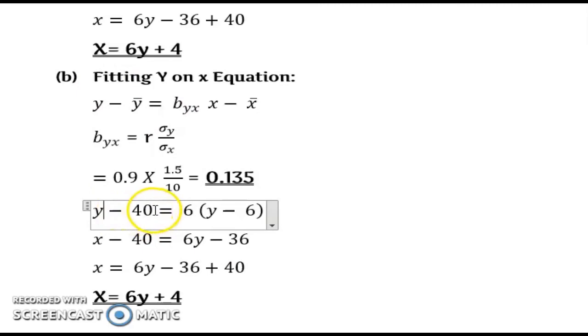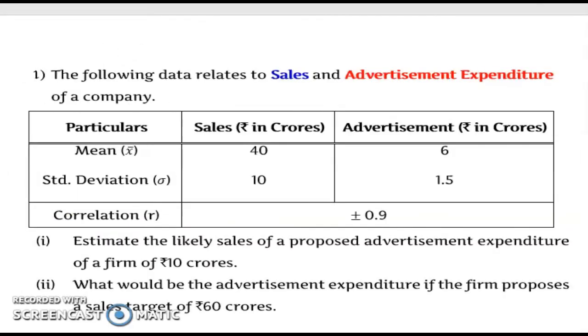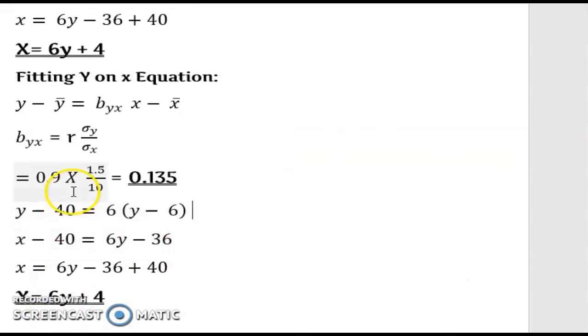So next we have to substitute the value here. So we need y minus y bar. Y bar is how much? We'll see in the question again. Y bar is advertisement y, so y bar is 6, x bar is 40. So this is x minus 40.